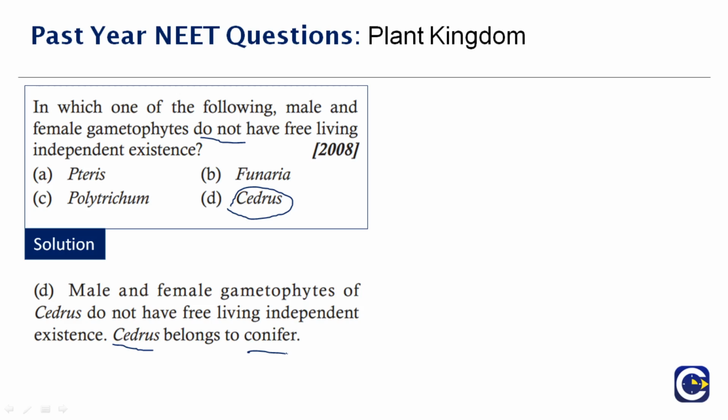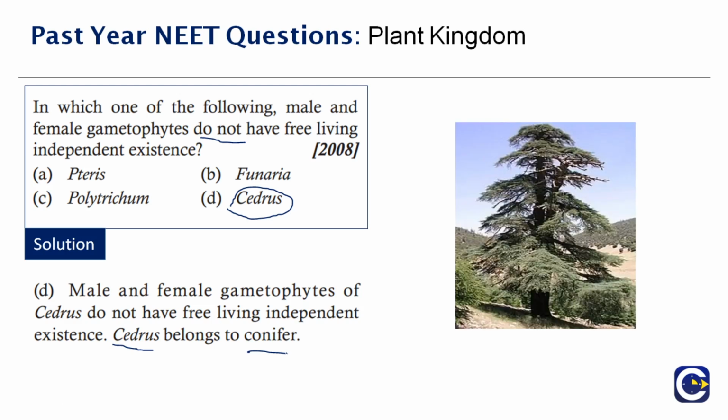To your side you can see a picture of a conifer tree. This is the Cedrus. So Cedrus does not have an independent existence, while Pteris and the others have independent existence.